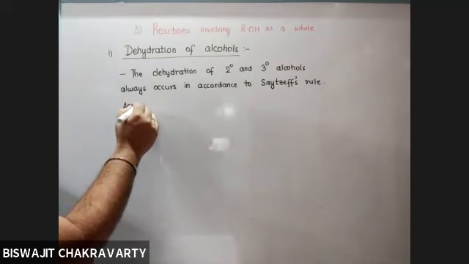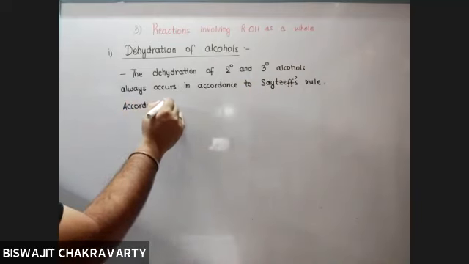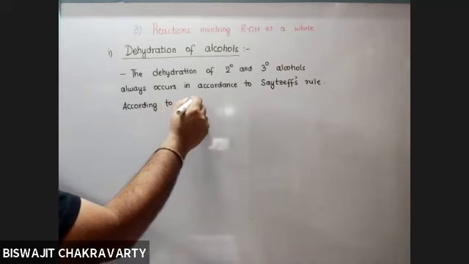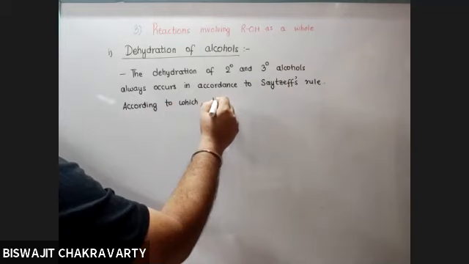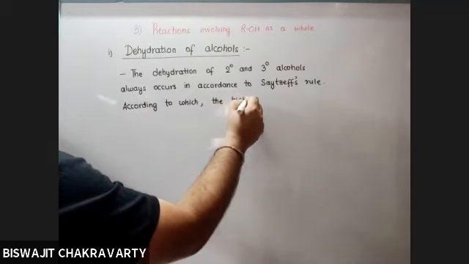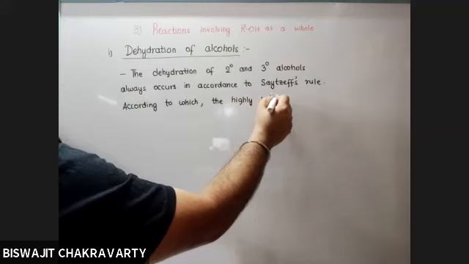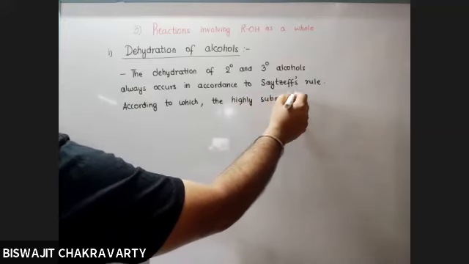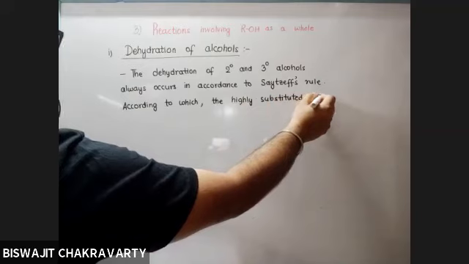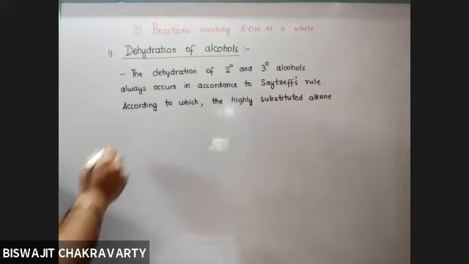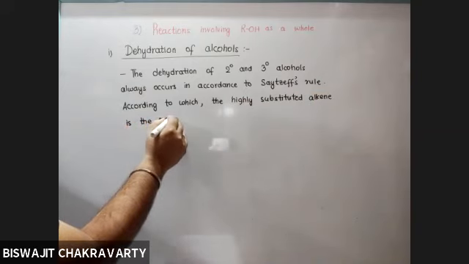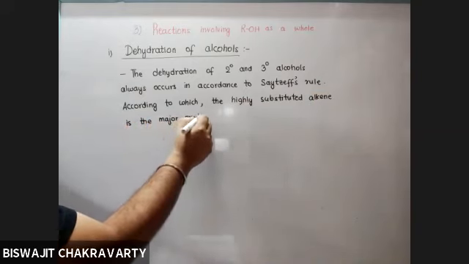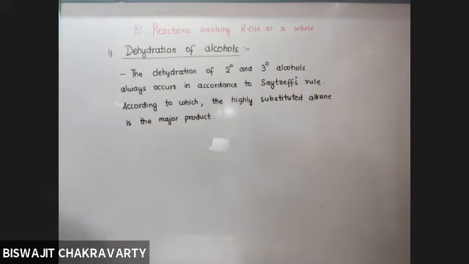According to this rule, the highly substituted alkene is the major product. So Saytzeff's rule is shown by 2° and 3° alcohols.